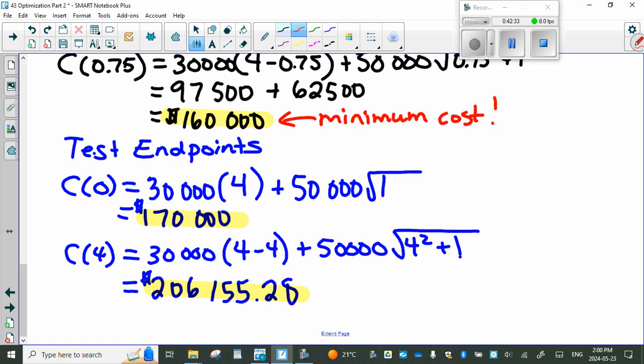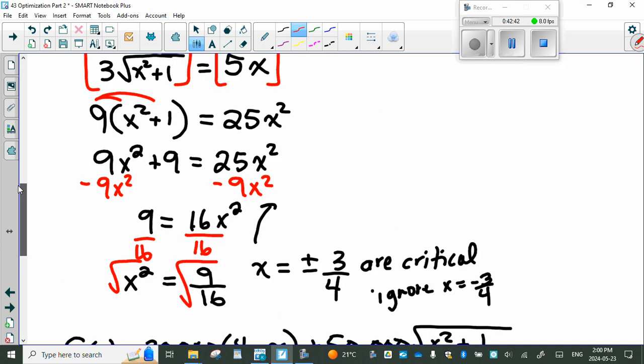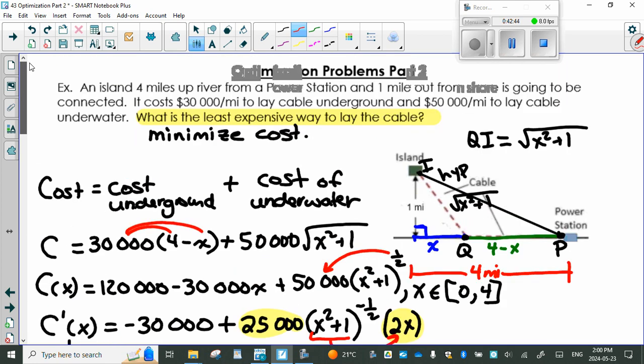And then we want to make sure that we answer the question that was actually asked way up at the top of the page. So the question asked, what is the least expensive way to lay the cable? So it's going to want to know how much do you put underground and how much do you put underwater.